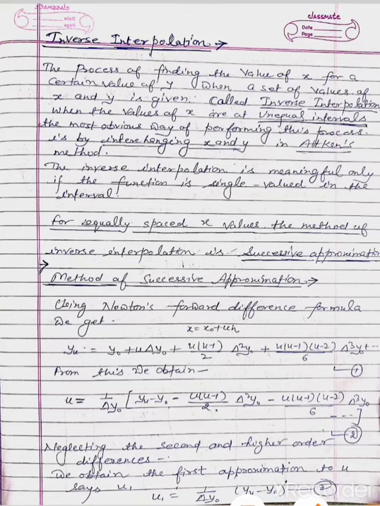This is the first forward difference, delta y0, plus u times (u minus 1) by 2 del square y0.